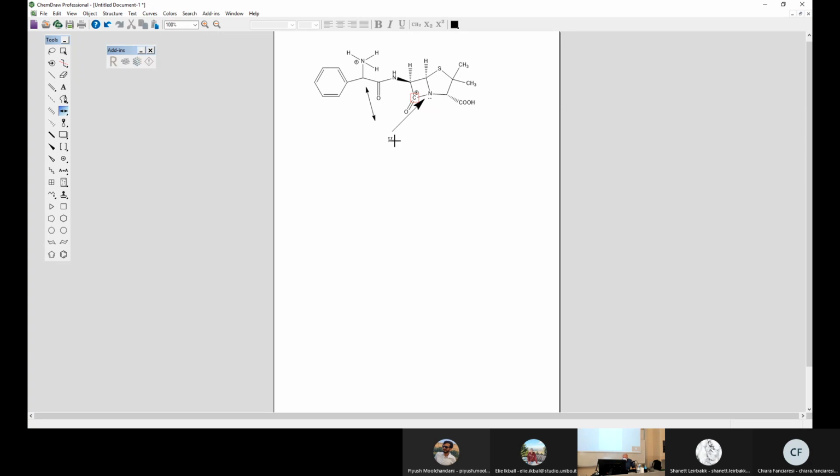And the second reason is that this basic function, protonated in the stomach, can defend the lone pair of the nitrogen atom in the beta-lactam ring from the attack of the protons. So you can understand that aminopenicillin represents one of the most important penicillins used orally.